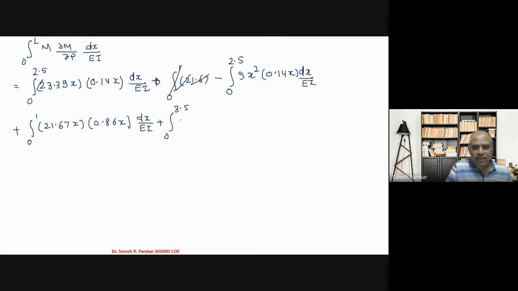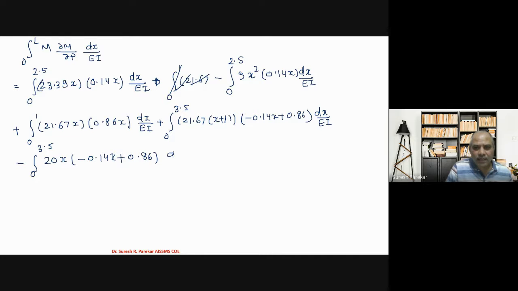So this first is of the reaction, 21.67 into x plus 1 into minus 0.14x plus 0.86 dx upon EI, and then the term of the concentrated load, which will be minus integral 0 to 3.5 of 20 into x into minus 0.14x plus 0.86 dx upon EI.